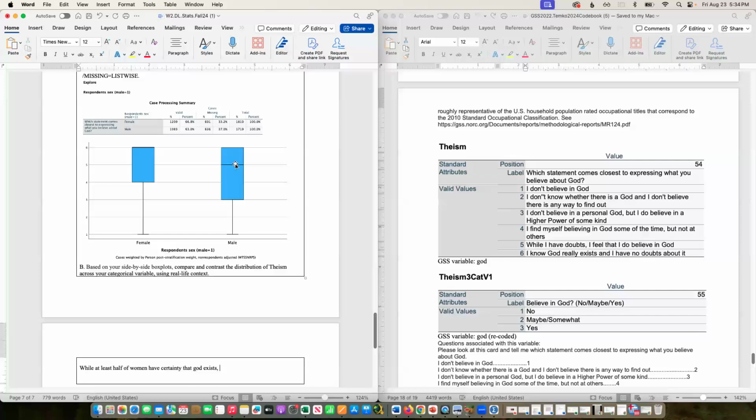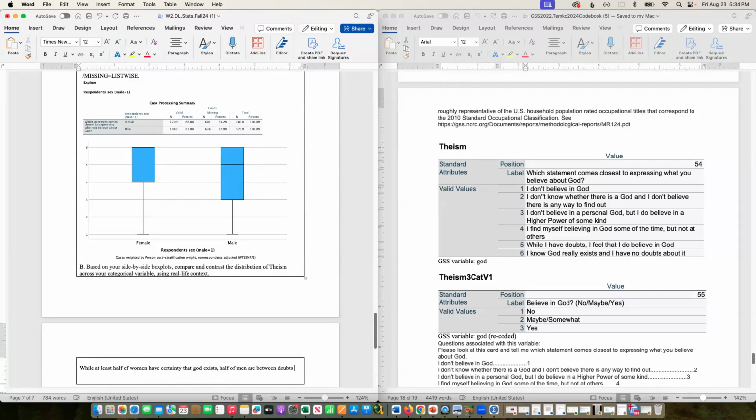We can see that half of men are, well, we can say at least half of the most theistic half of men are between a 5 and the 6.